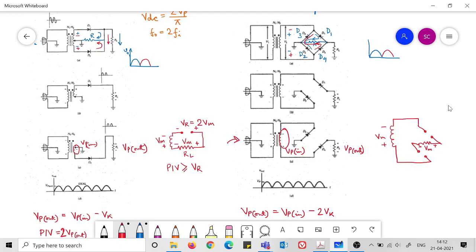So in this situation, what happens, you have two reverse bias voltage, two diodes actually.